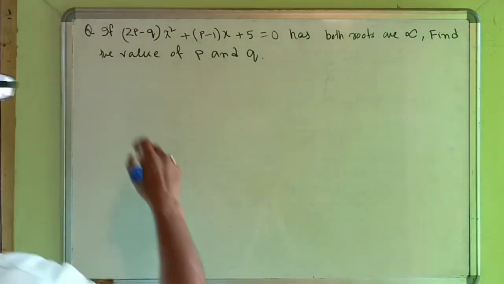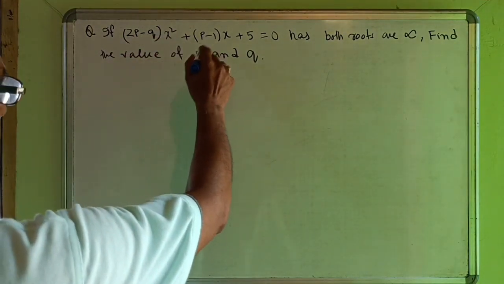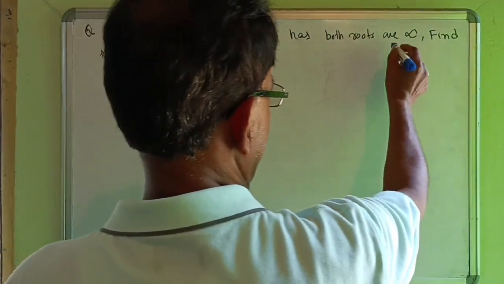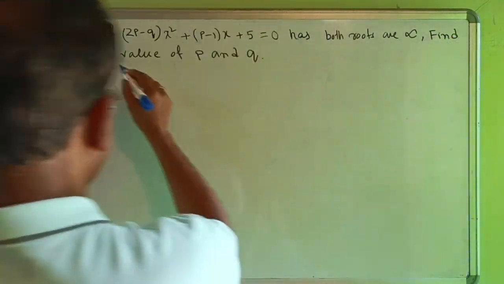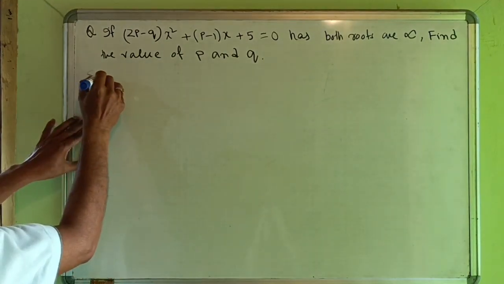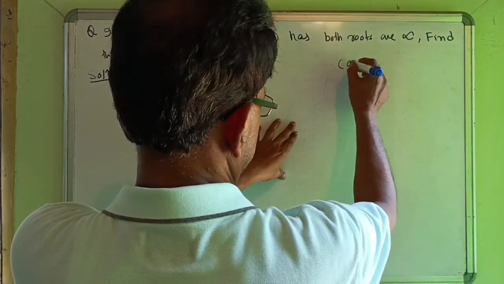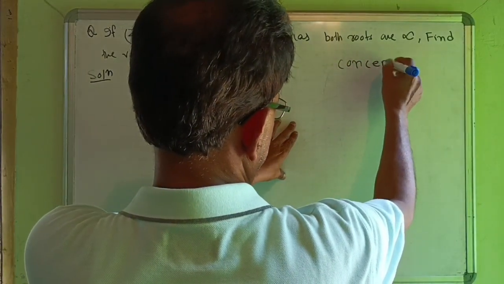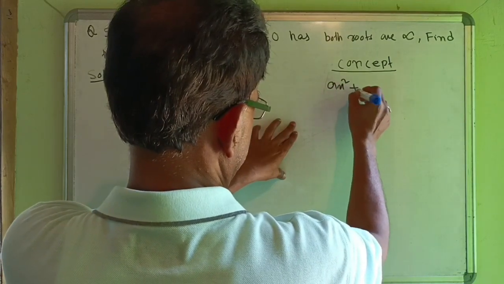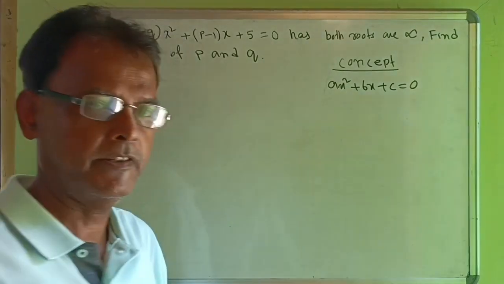The problem is: if (2p minus q)x square plus (p minus 1)x plus 5 equals 0 has both roots infinite, find the values of p and q. Solution. Concept: ax square plus bx plus c equal to 0 is a quadratic equation.